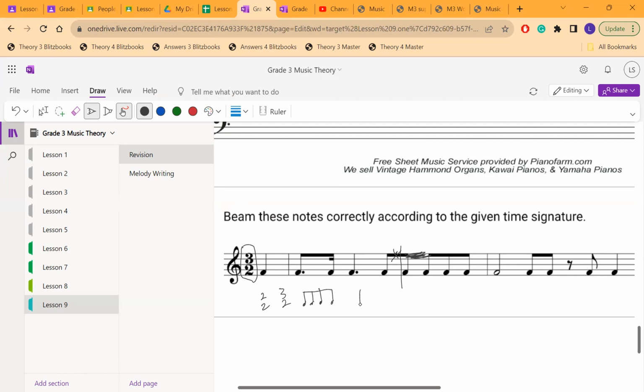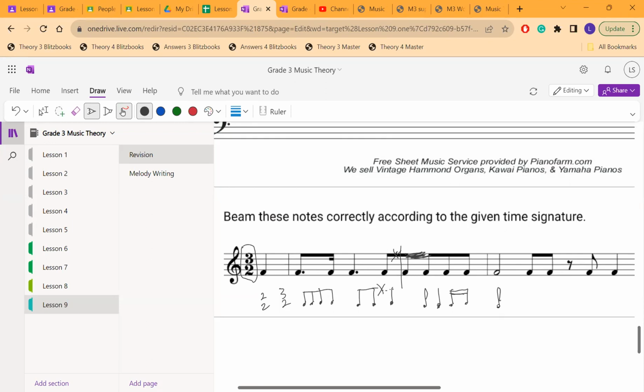But for example, if I had quaver, crotchet, I would have to break the beam here because if I beam that to the crotchet, the crotchet would become a quaver. Another example, if I had quaver, crotchet, and two semiquavers, I would have to break the beam, but then the semiquavers are beamed together.